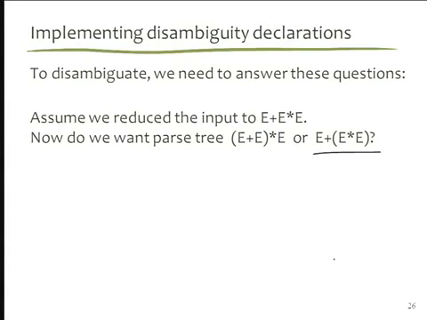I can tell you that you do need to consider all possible reductions that you could make at this point. So what reductions can you make? You could either reduce this to E, or you could reduce, well, you can do both of these. Okay. Let me actually create a bigger example. Right.